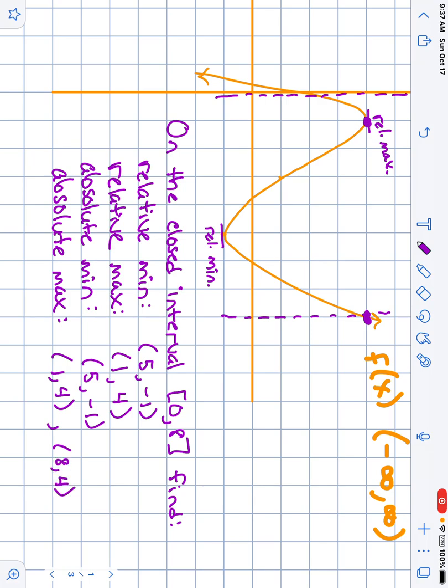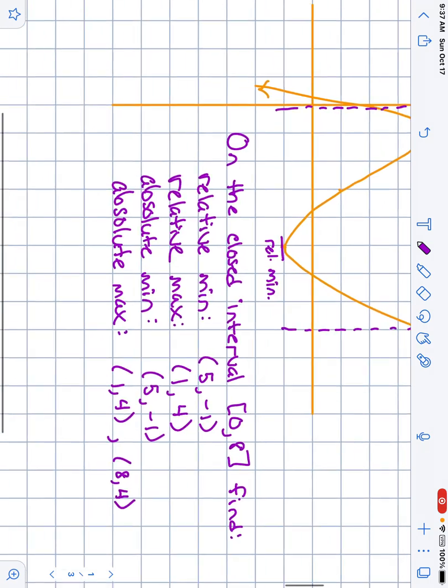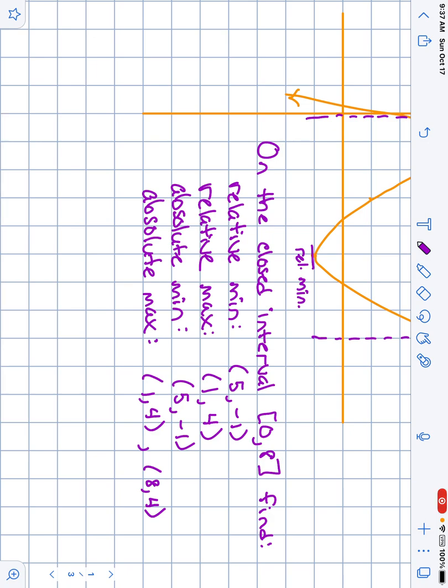So the purpose of what I just did was to show you that absolute extrema can show up at two different locations. Absolute extrema can show up at not only the critical numbers, but also at the endpoints. So let's just define this here.